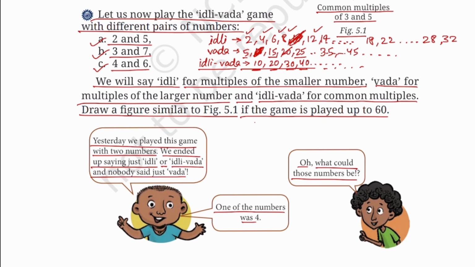For example, if one number is 2, the other is a multiple of it, such as 4. Here 4 has been taken, so I am taking 4. Then it happens that on common multiples, that is 4, 8, 12, 16, like that, idli vada will be said.